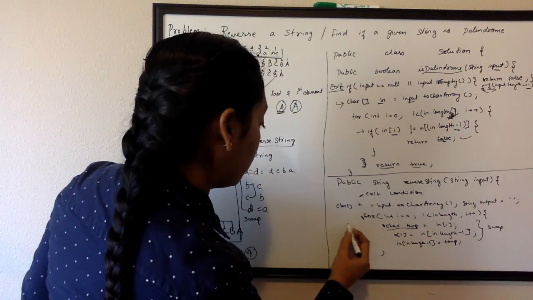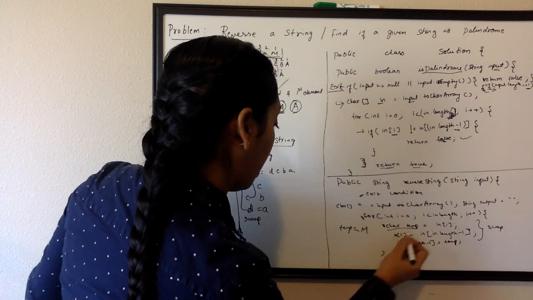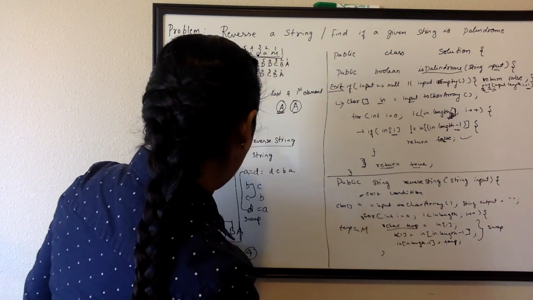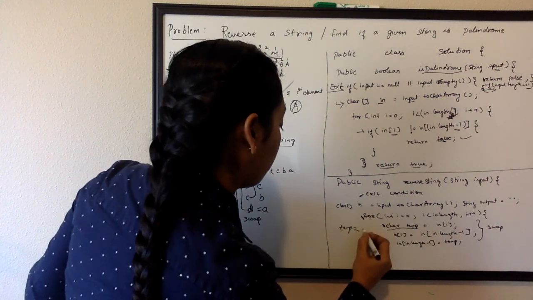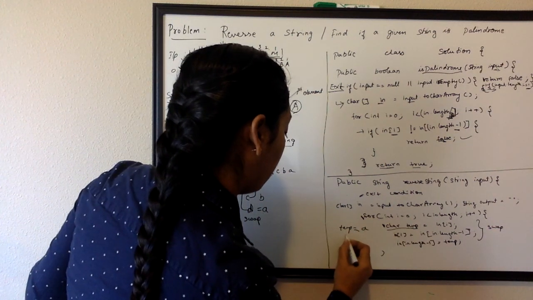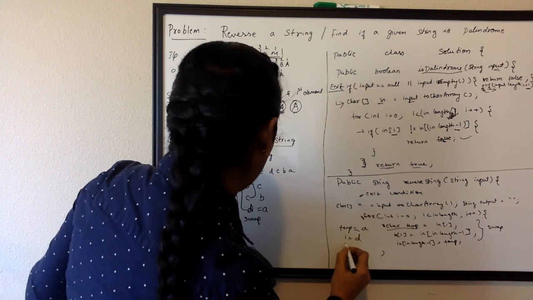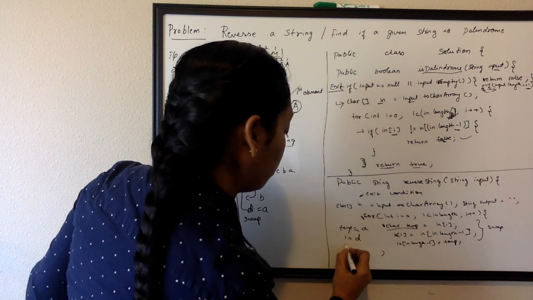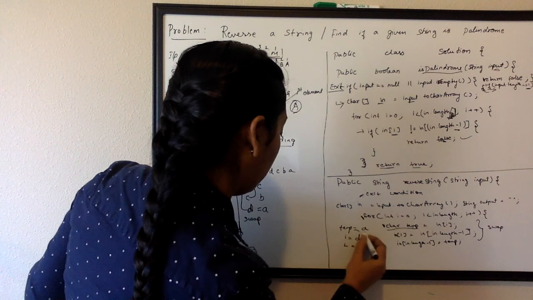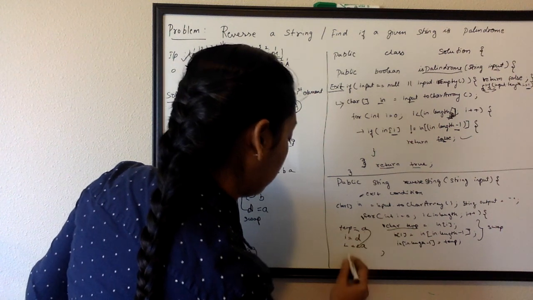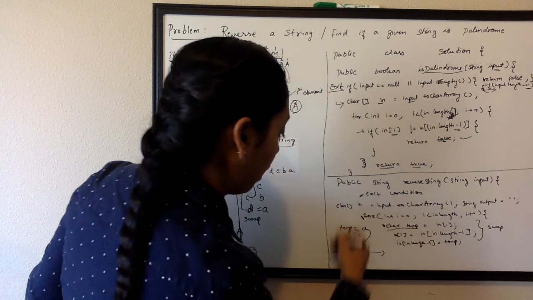Take this example A, B, C, D, right? So temp would become A, and the first position would become D, and the last element, that is length minus 1, we are putting temp into it, that is A. So this is how we're going to do it till the end of the iteration.